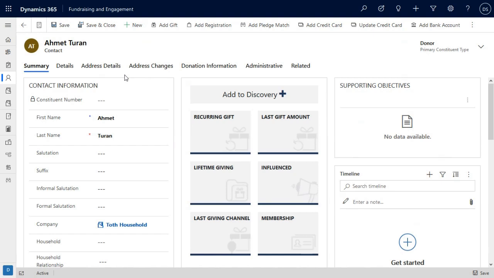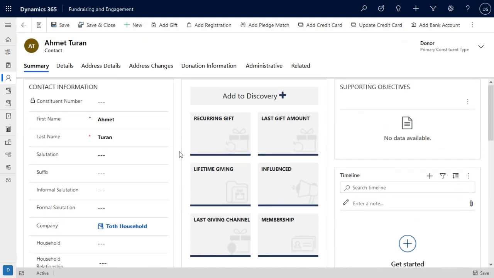And Dynamics 365 helps us solve exactly this issue. It helps us complete constituent profiles for individuals and households, including different details which you'll see right now. You would be able to see and manage their biographical details, which, if you managed it in an Excel, would be difficult to gather at one place.